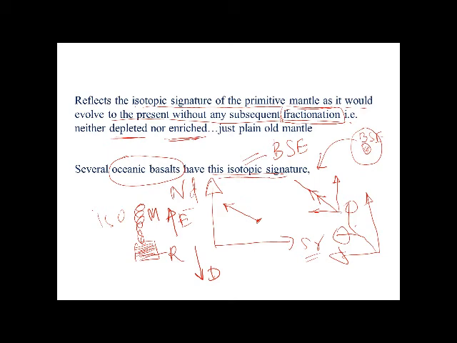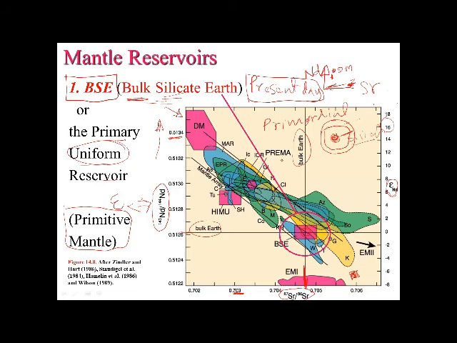But still, some basalts we encounter from some oceans contain an isotopic signature very close to the bulk silicate earth values, right? So that's why you see some blue areas here. Can you see these blue areas?